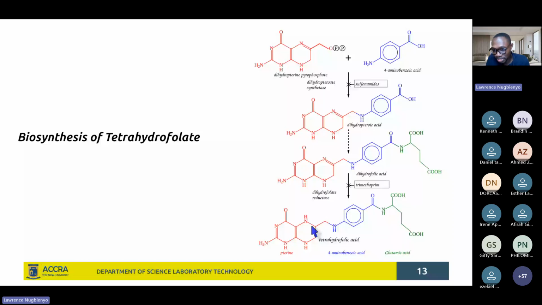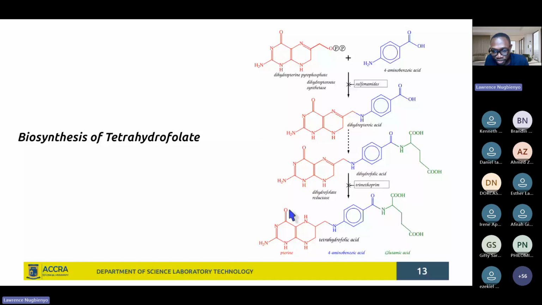That's why the name of the enzyme involved in that reaction is dihydrofolate reductase. Any other part you look at is the same.